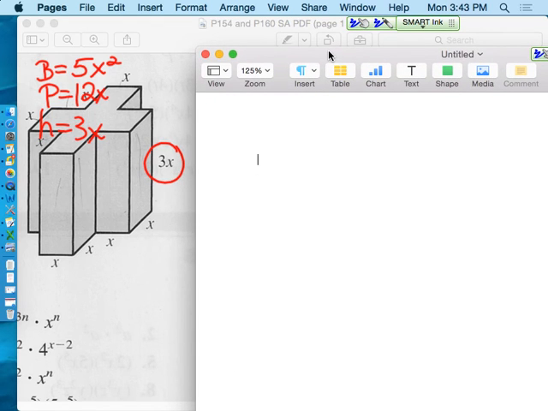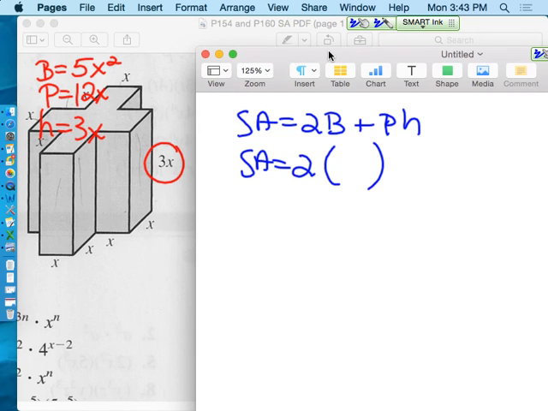Here's my formula, and you will be responsible for this. 2 bases plus PH. So my surface area will be 2, and my base area is 5x squared. And then my perimeter is 12x, and the height of the box is 3x.